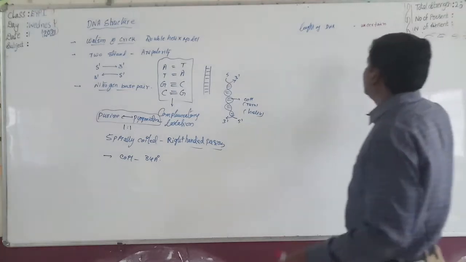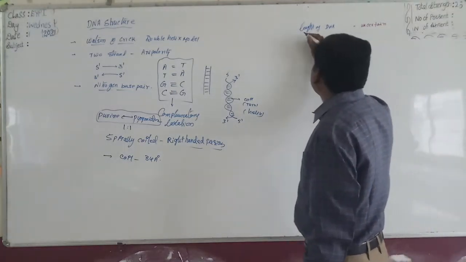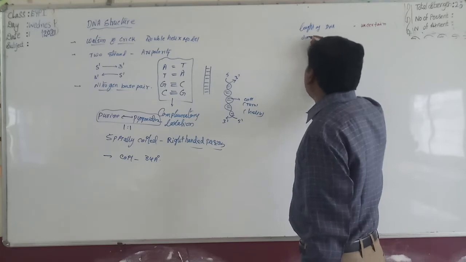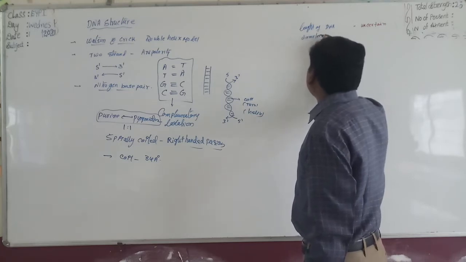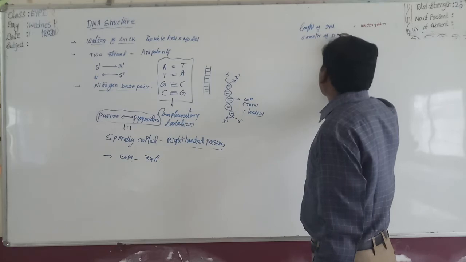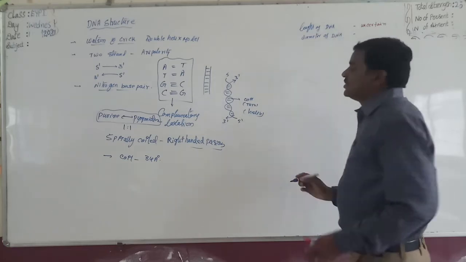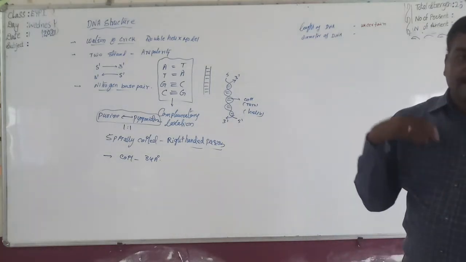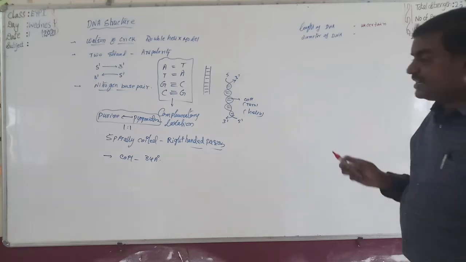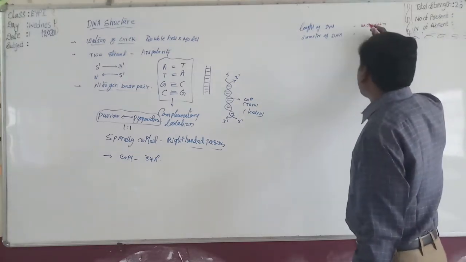Okay, length of DNA is uncertain, and diameter of DNA. So DNA length is uncertain, but diameter is certain, means constant.